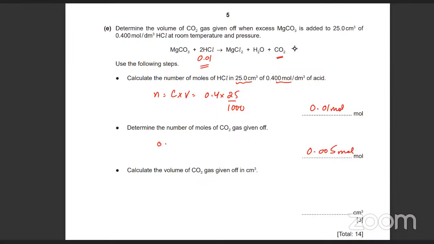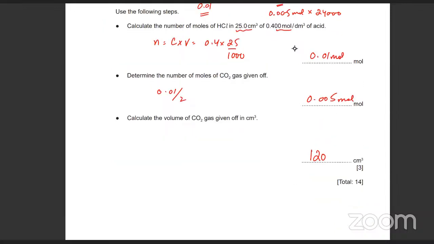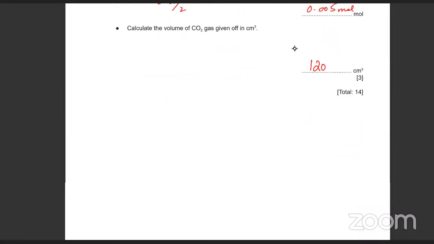You're going to show the working, which is 0.01 divided by 2. And then calculate the volume in cm cube. So you have the moles, half of that, and you multiply by 24 dm cube. Again, he's asking for cm cube, so multiply by 24,000. What do you get? 120. Yes, it will be 120.